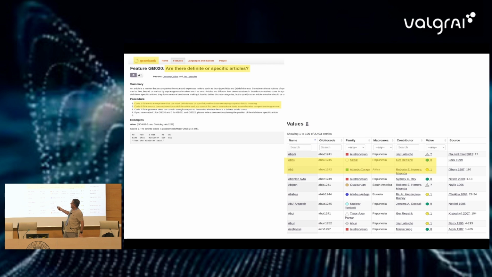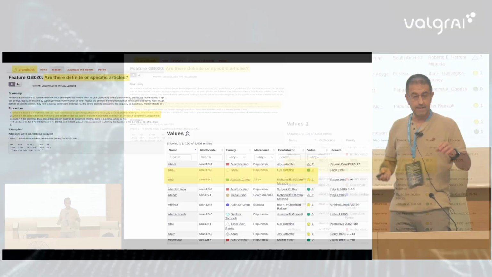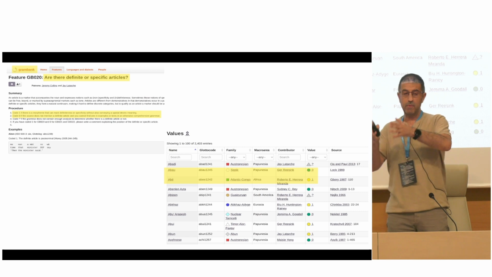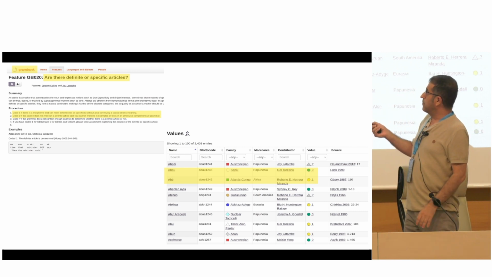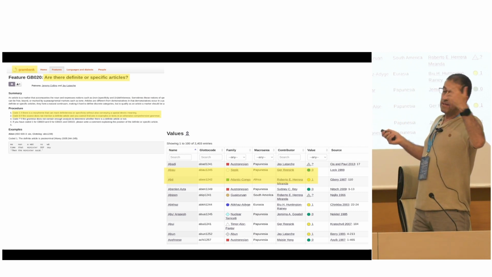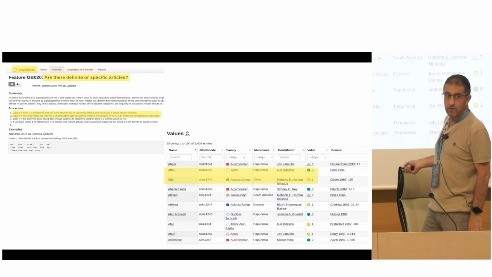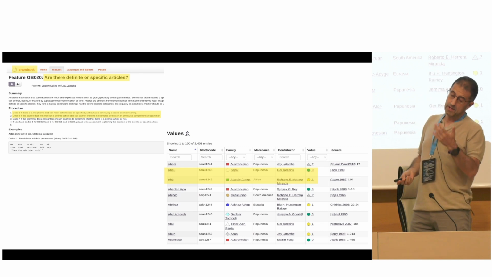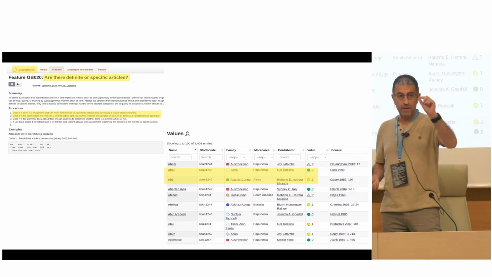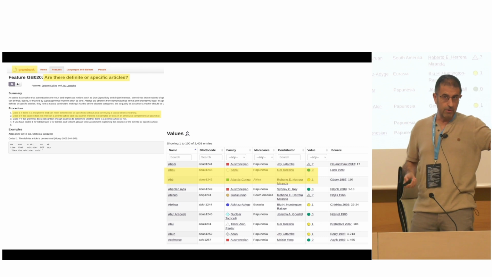GramBank is a collection of hundreds of different features that languages may have or may not, or may have in different levels. For example, do they have definite articles? So you have a description of the feature, and then you have a very long table with hundreds or thousands of languages describing whether they have this feature or not. Right?